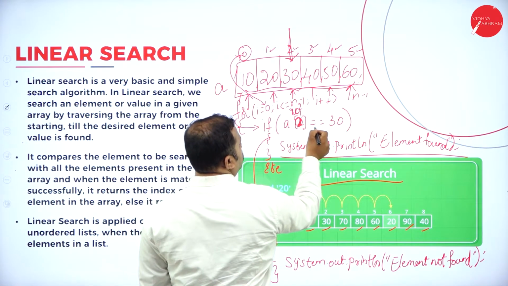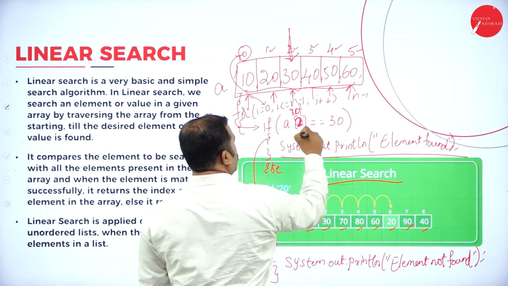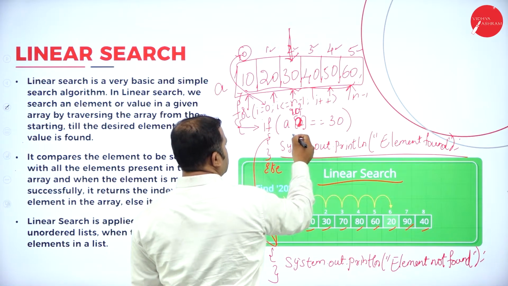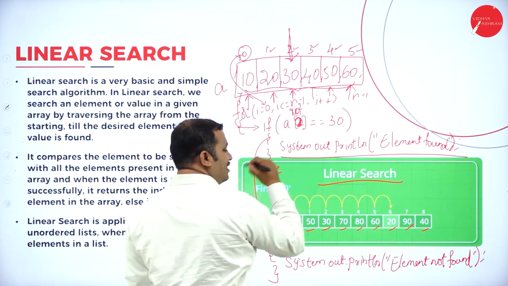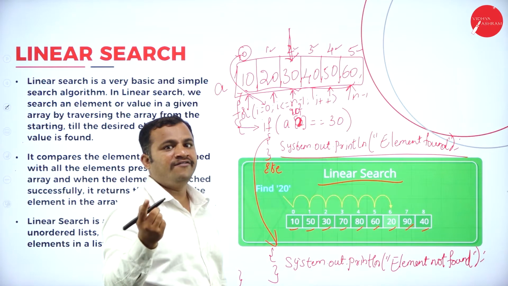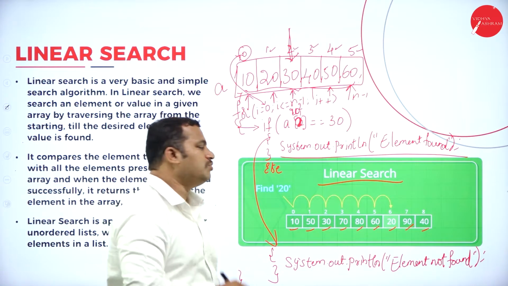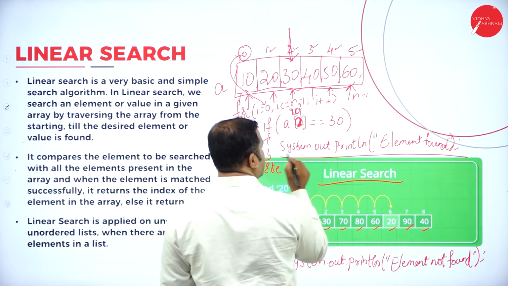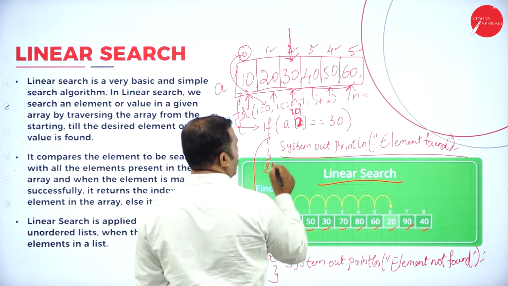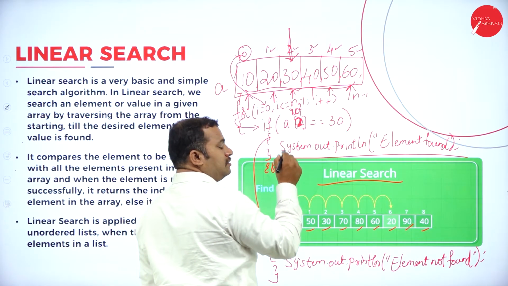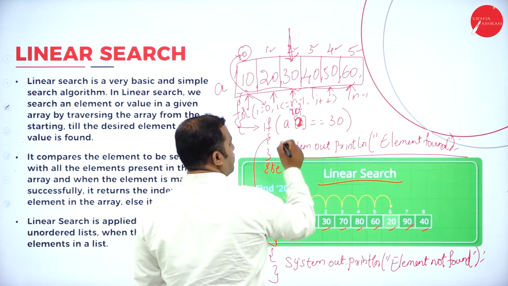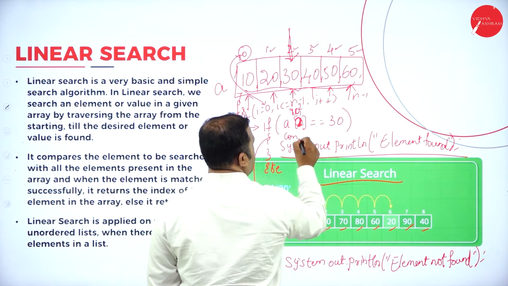Then A of 0, that is 10, is equal to 30? No. Then obviously it comes to the else part, but I do not want the else part to be executed. If that is the case, what has to be done here? I have to apply the continue statement.